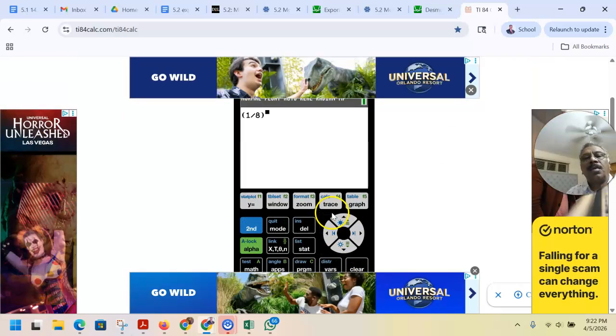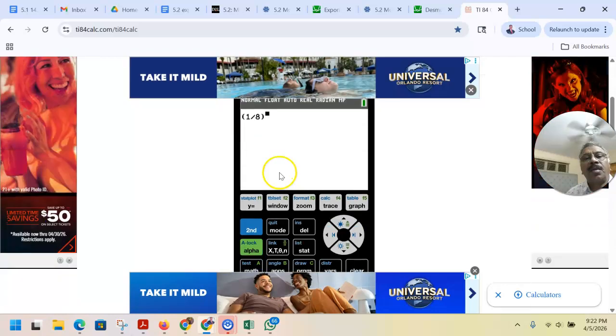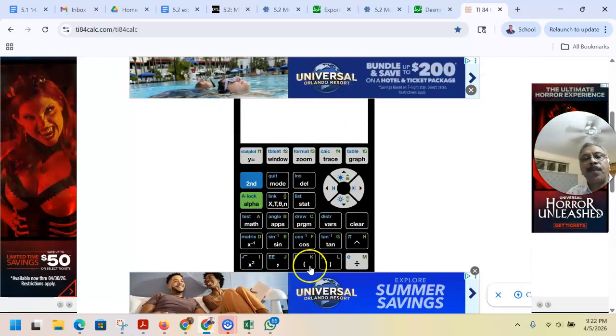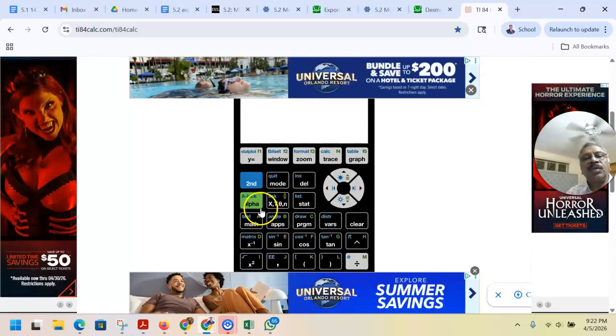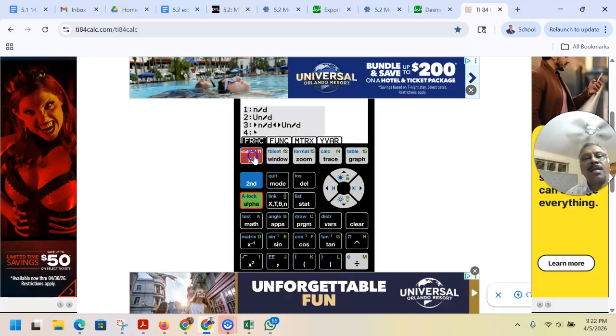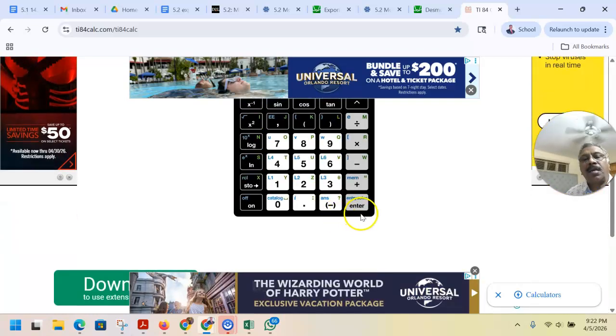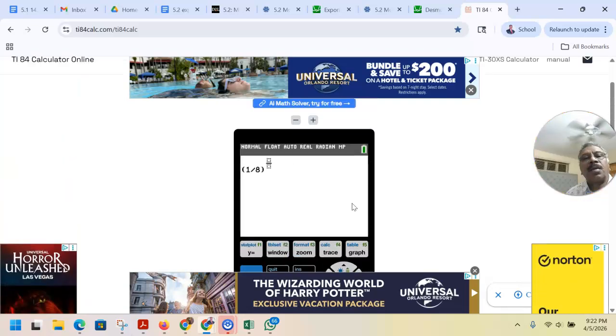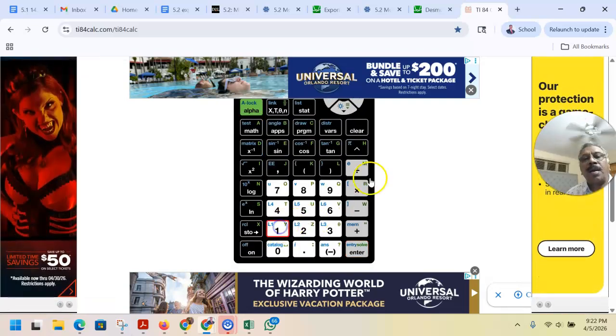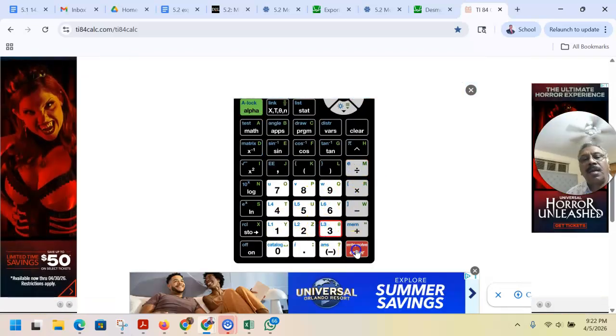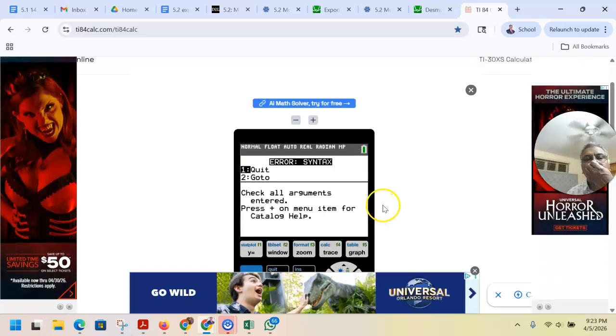So I put 1/8 raised to, and then I have to have 1/3, which you can put using alpha, enter, and put 1 divided by 3, and you get the answer.